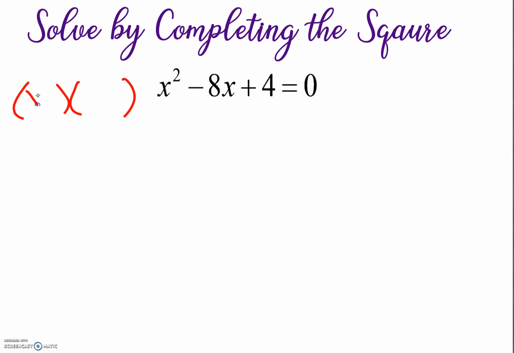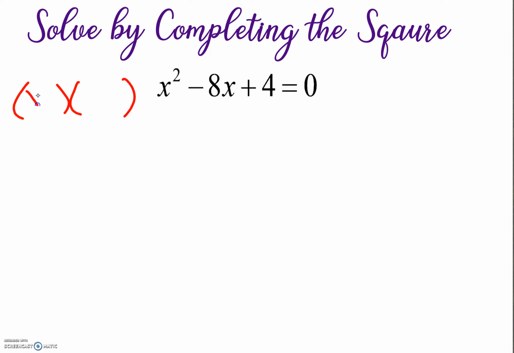Remember, we have a plus or minus when we take the square root, especially with quadratics, because we could have at most 2 answers. So we need to take the plus and minus of that square root. From here, we're going to add the 4 over, and we have x is equal to 4 plus or minus radical 12.